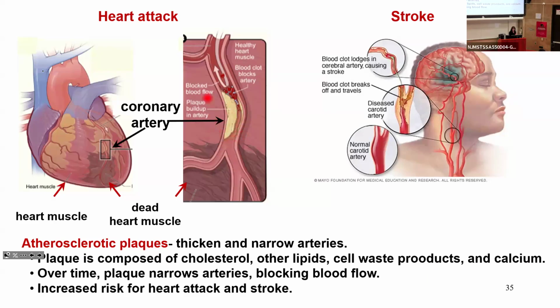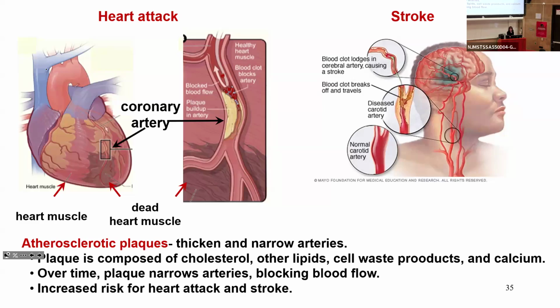And oftentimes what happens is that it may be blocked, but then the pressure becomes so high that part of the plaque breaks down, and now the blood flow is restarted. It's thought that oftentimes with that reperfusion, not only is the blockage bad, but the burst of blood that goes through and breaks through the artery can cause a kind of oxidative damage, and that event in itself can be damaging as well.